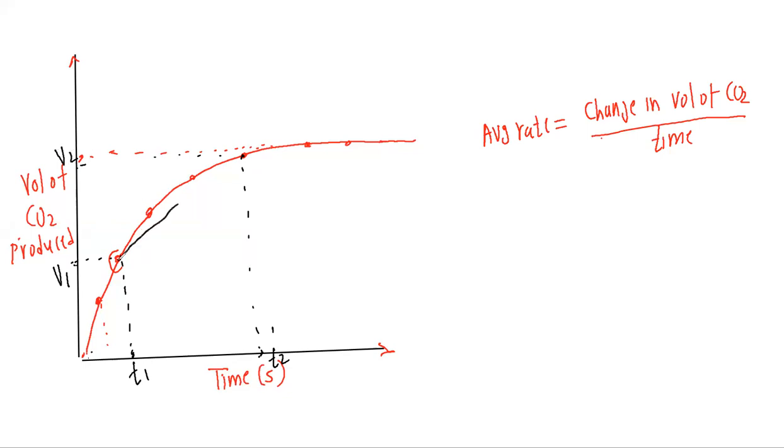In short, if we find out this gradient or the slope of this chord, we will get the average rate. It is a very, very simple technique. For the given two times, T1 and T2, you find out the corresponding slope of the given chord, and that will give you the average rate of the reaction. Simple. Hope this is quite clear to you.